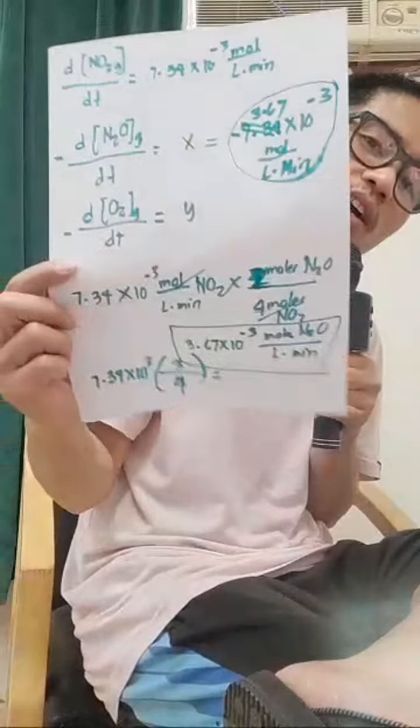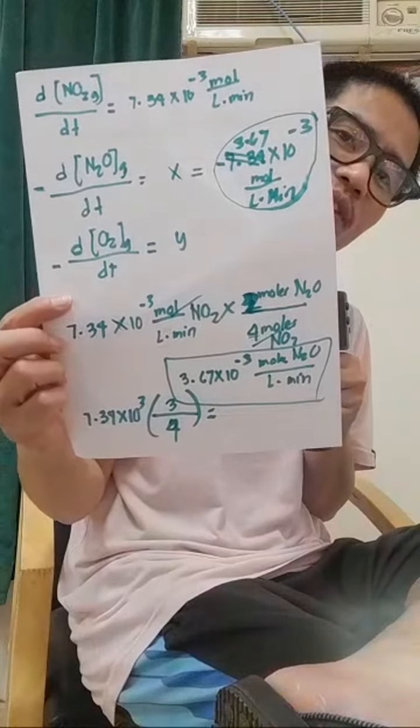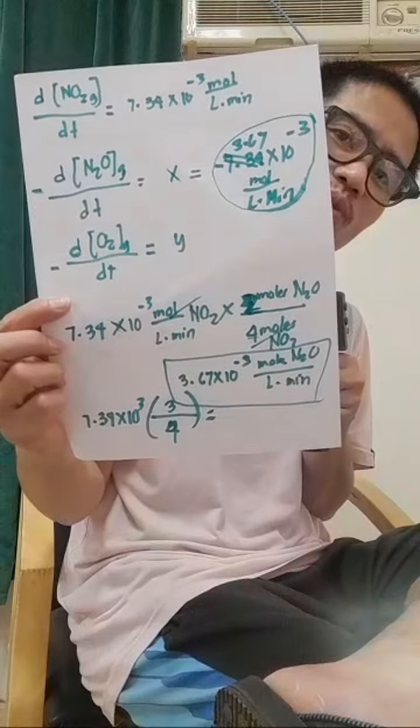So divide this, guys, very easy, even a grade school or elementary student can solve this. A fraction times an exponential, this is negative 3 also.